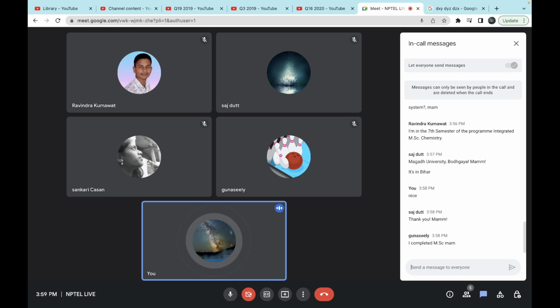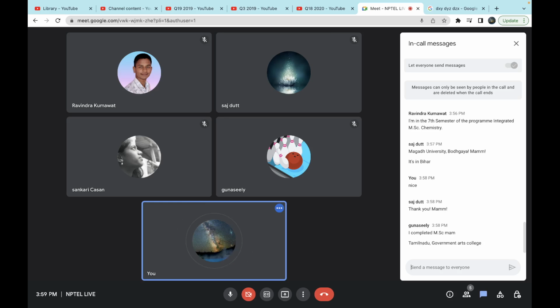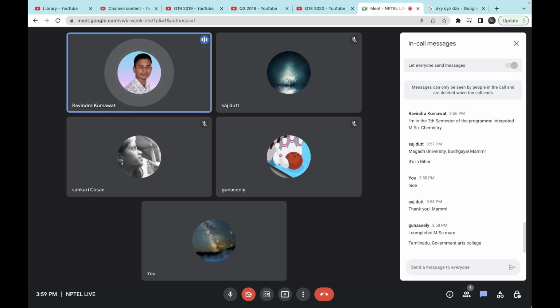Also, I am very curious to know how you guys know about this GATE portal. Ma'am, our university informed us about this portal through an email. They sent an email to us, so we connected to you, ma'am.